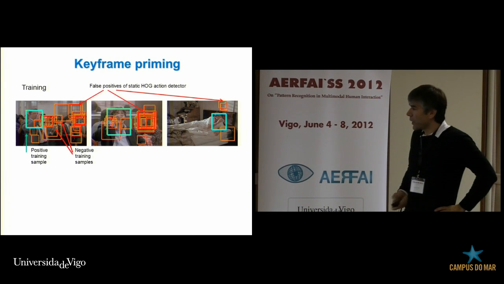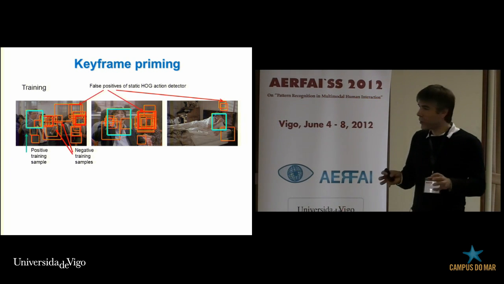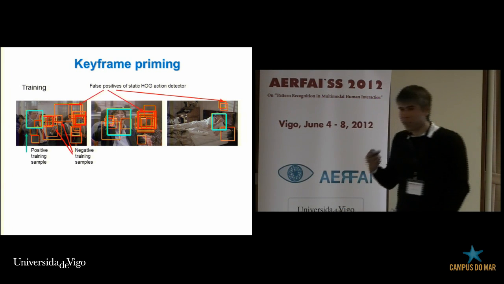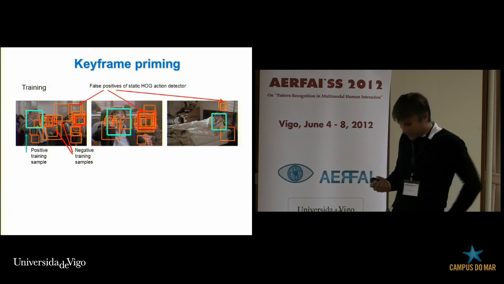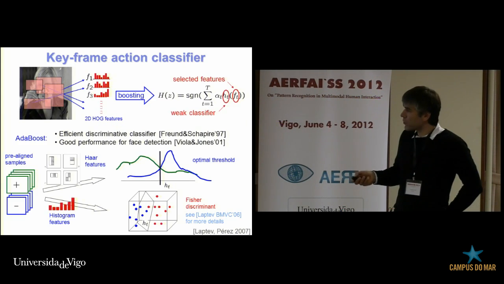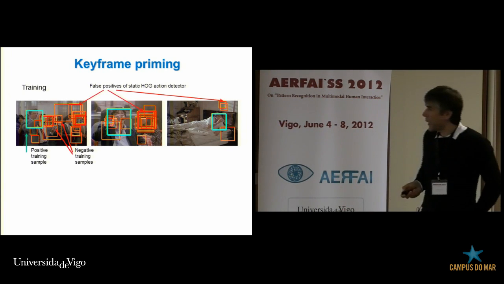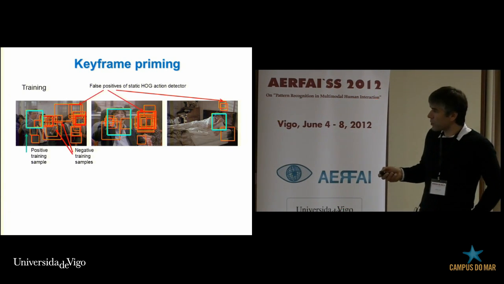And how were the two classifiers, the space-time classifier and the static classifier, combined? We used the static classifier as a pre-processing step to give us a hint where the action may happen. These are results of running this 2D classifier over our training images. These are positives, but it also fires on lots of negatives.